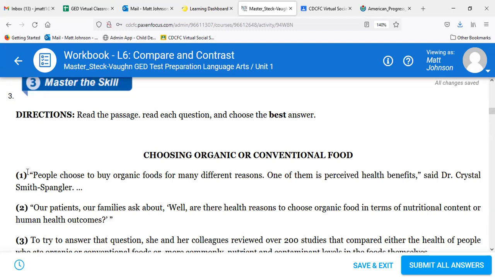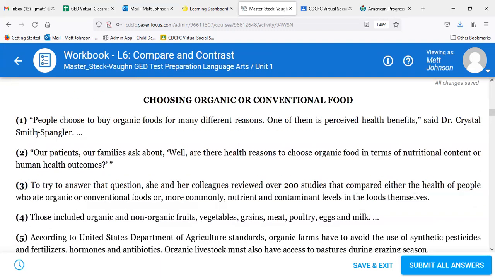Crystal Smith-Spangler. Our patients, our families ask, well, are there health reasons to choose organic food in terms of nutritional content or human health outcomes? To try to answer that question, she and her colleagues reviewed over 200 studies that compared either the health of people who ate organic or conventional foods, or more commonly, nutrient and contaminant levels in the foods themselves.